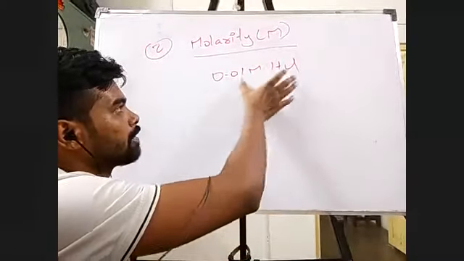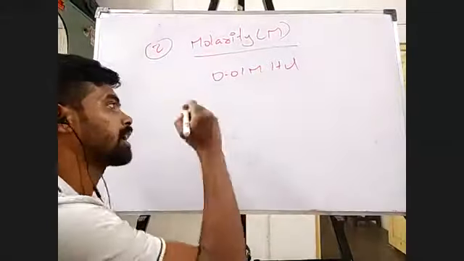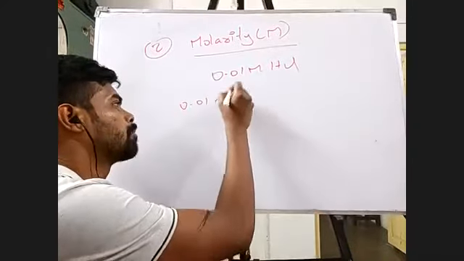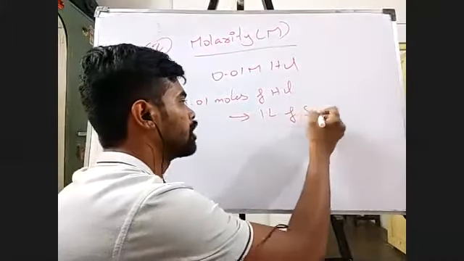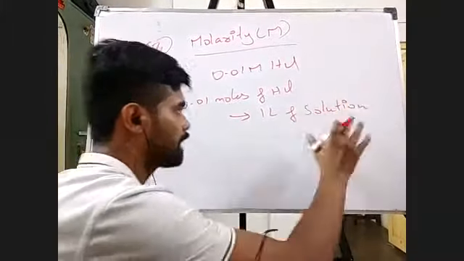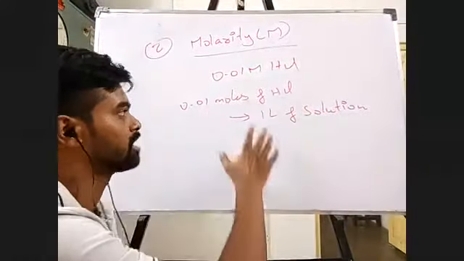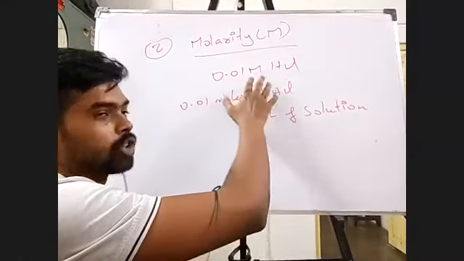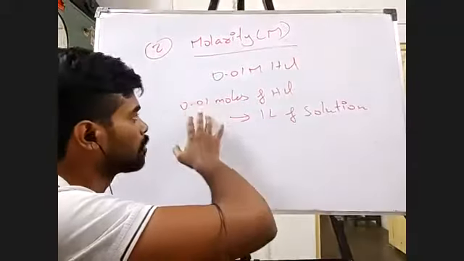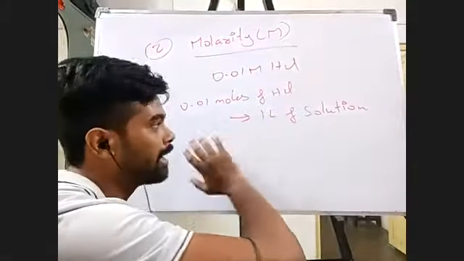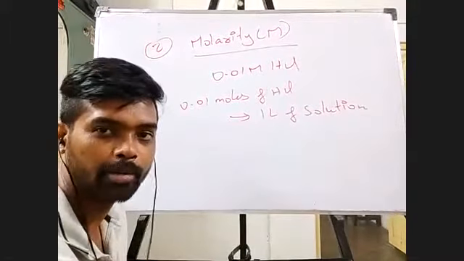If the molarity of HCl solution is 0.01 M, that means 0.01 moles of HCl is dissolved in 1 liter of the total solution. That is what I understand from this data. Are you able to understand?